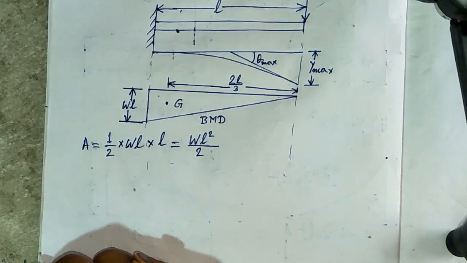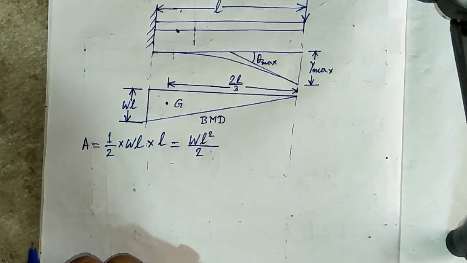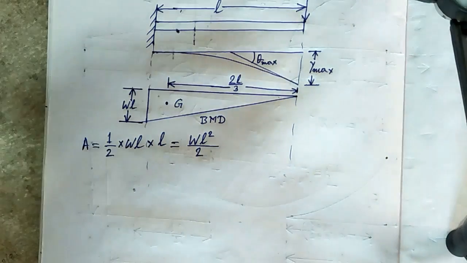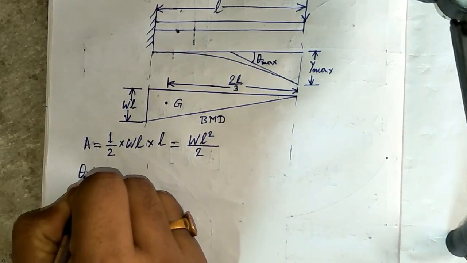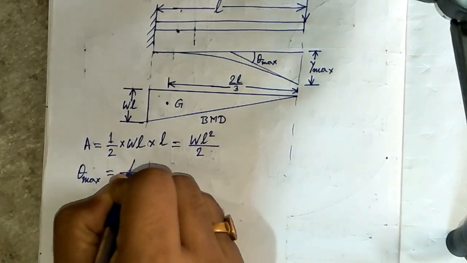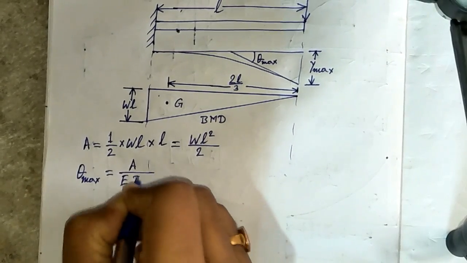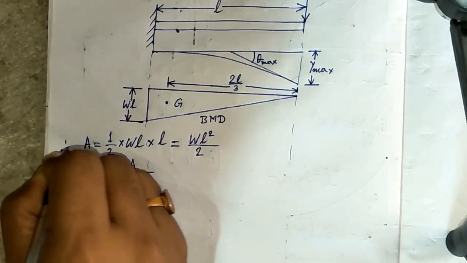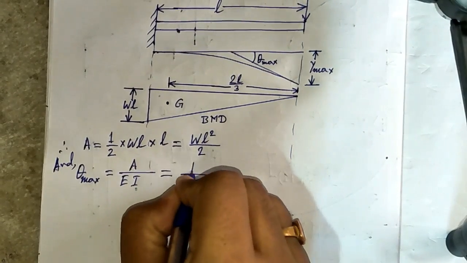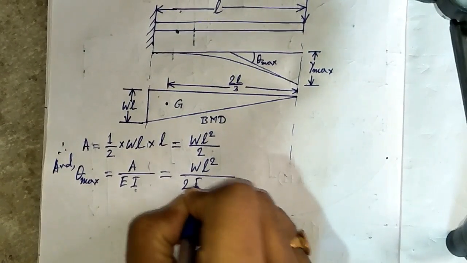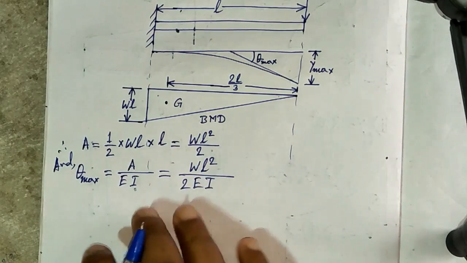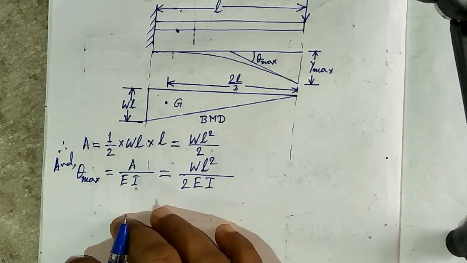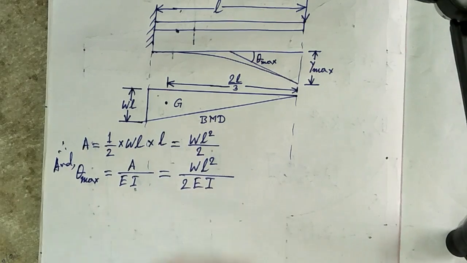Substituting this into the slope equation, theta max equals A by EI, which becomes WL square by 2EI. This is the expression for slope, which we already derived using the double integration method.